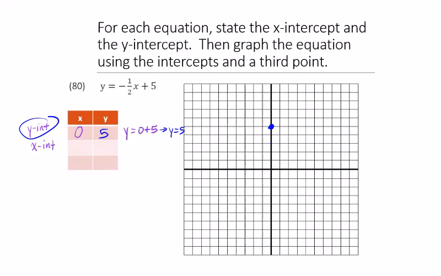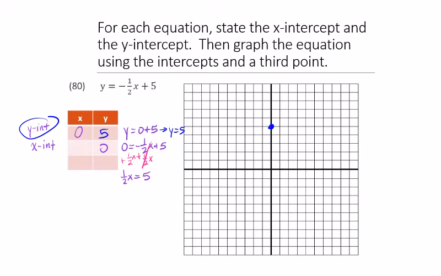All right, so now for the x-intercept, we're going to set y equal to 0. And so it'll be 0 equals negative 1/2 x plus 5, right? And so we can go a few different ways here, but I'm going to add 1/2 x to both sides. You could also multiply everything by 2, right, to get rid of the fractions. And so I'll get 1/2 x equals 5.